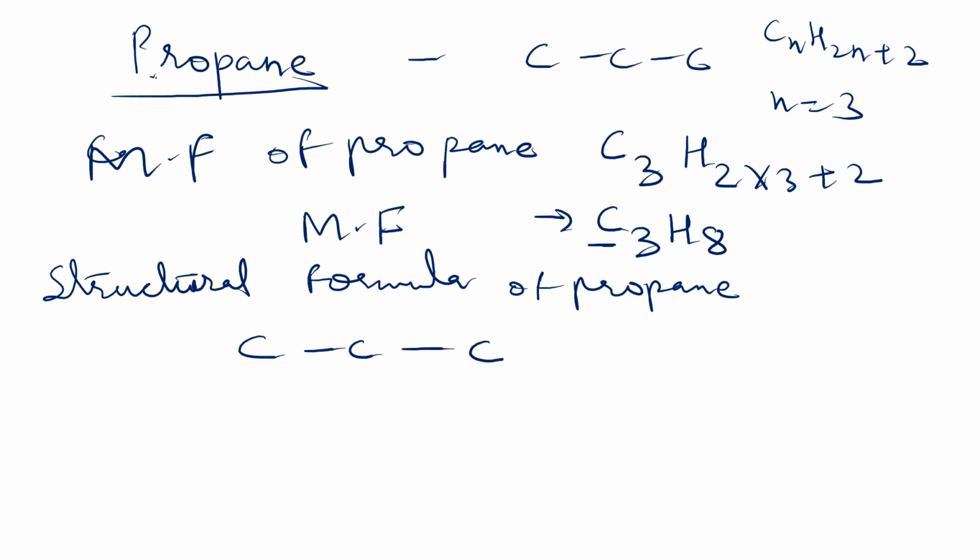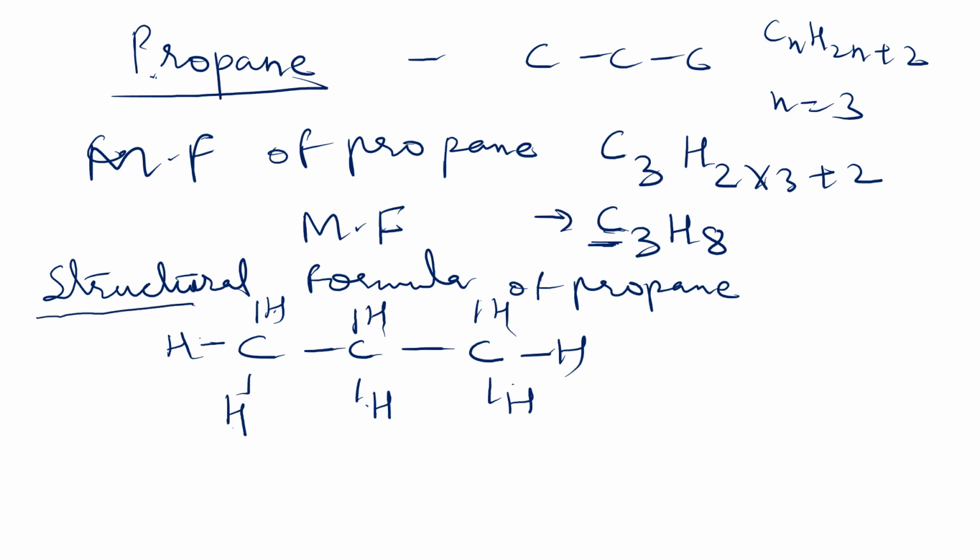And as I know that carbon forms 4 bonds with hydrogen and with itself, you can cross-check it: there are 3 carbon atoms, and count the hydrogens, 1 2 3 4 5 6 7 8. So this follows the molecular formula. This is the structural formula of propane.